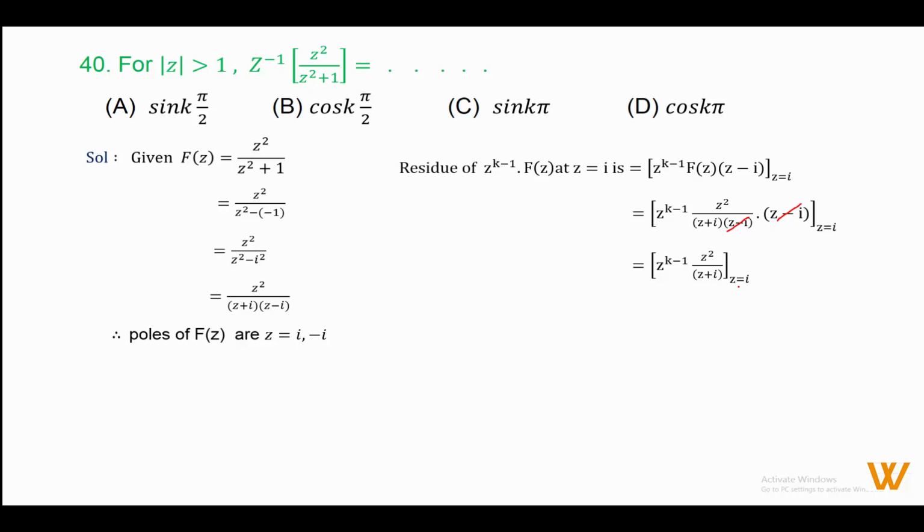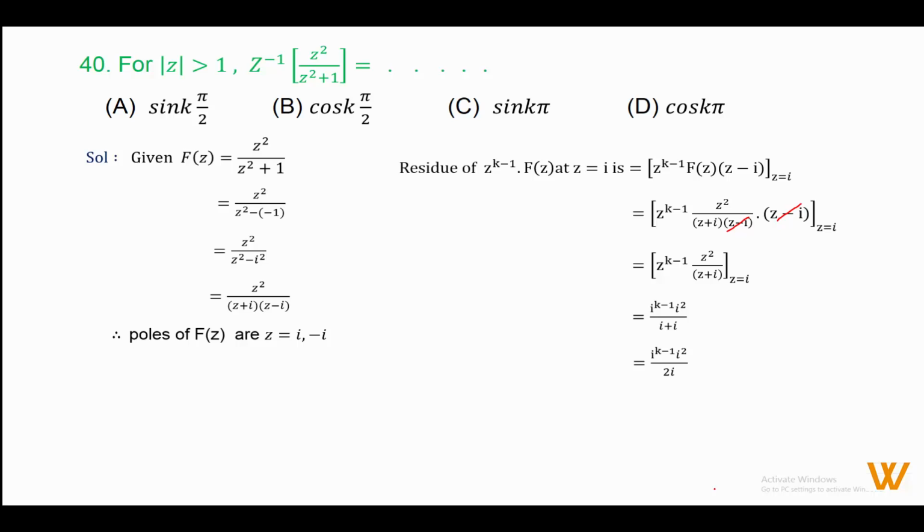So only z raised to k minus 1 into z square upon z plus I remains, at z equal to I. Now put the value of z as I: I raised to k minus 1 into I square upon I plus I, equal to I raised to k minus 1 into I square upon 2I. One I cancels, so only I raised to k minus 1 into I raised to 1 remains.